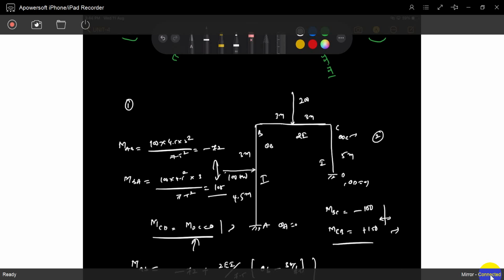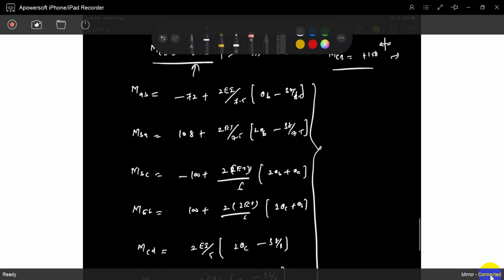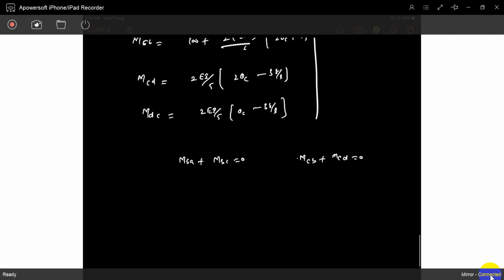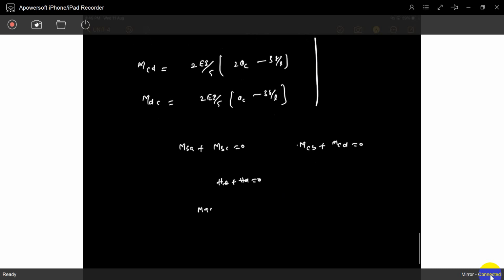We will get horizontal forces HA and HD. But there is no other force in the system, so HA plus HD should be equal to 0. So what is HA, HD? Again the same will come, so no need to write. So joint equilibrium equations are MBA plus MBC equal to 0, MCB plus MCD equal to 0. Once again HA plus HD equal to 0. So what is HA?